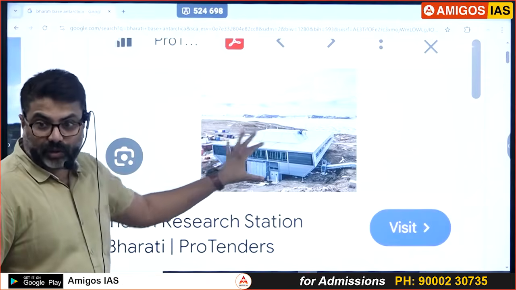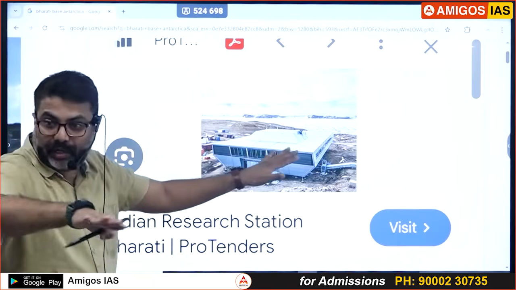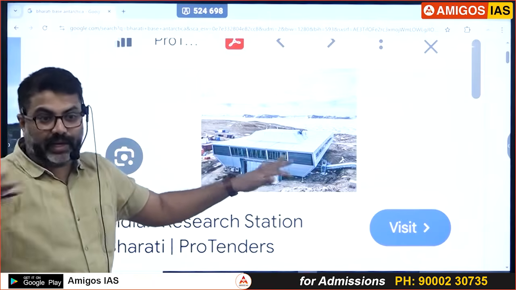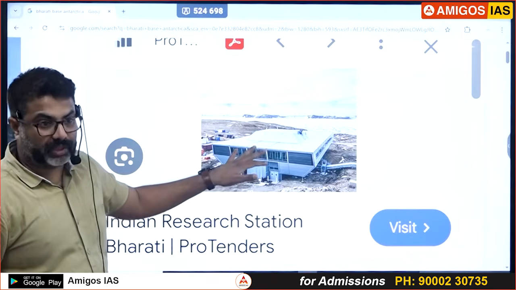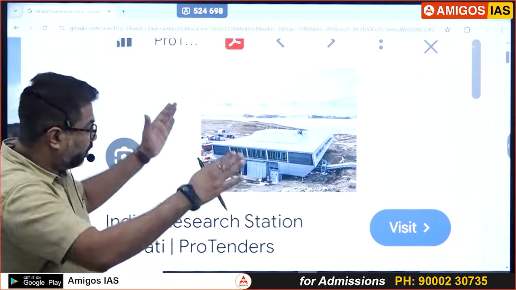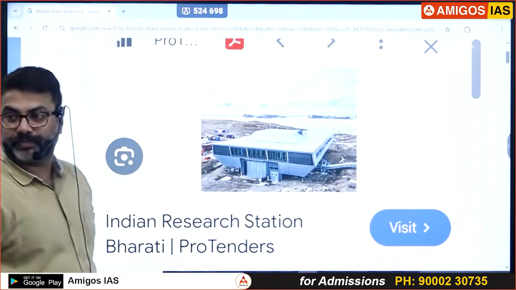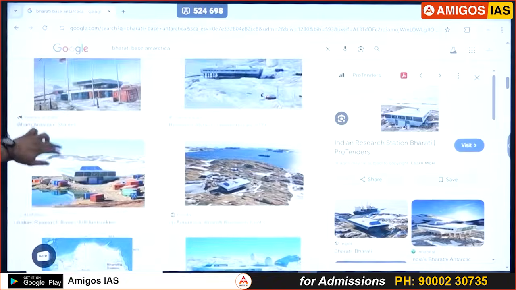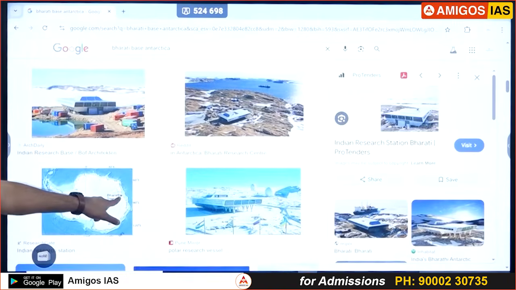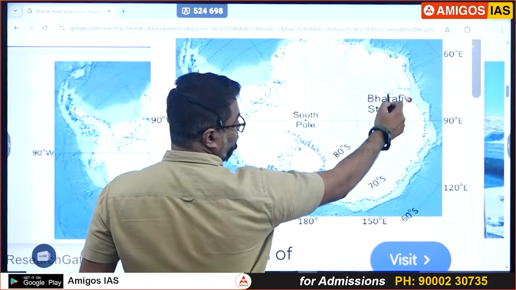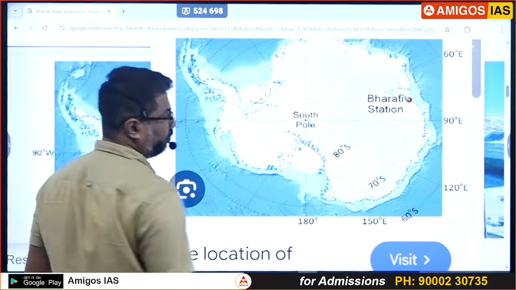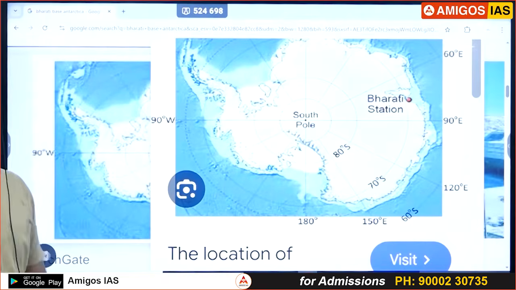It has propellers and turbines which can propel it to a newer place. That is the reason it is designed like a ship. Here is Bharati, south of Lambert Glacier. Clear?